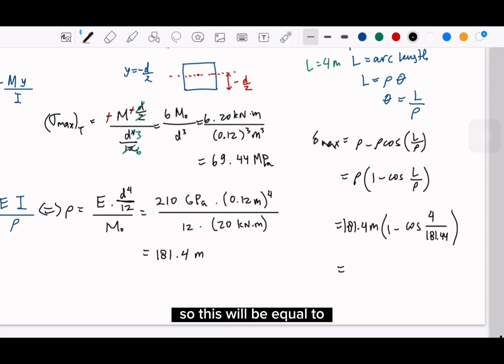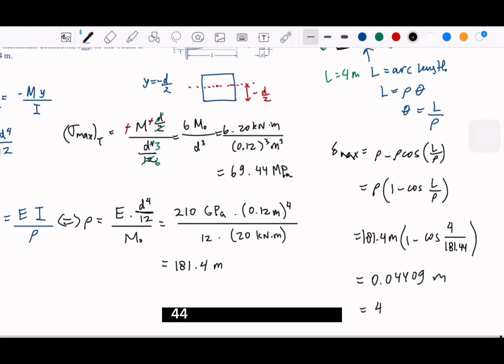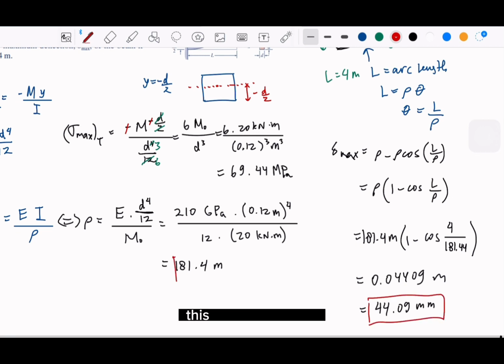So this will be equal to 0.04409 meter, or 44.09 millimeter. Okay. So this is all the answer.